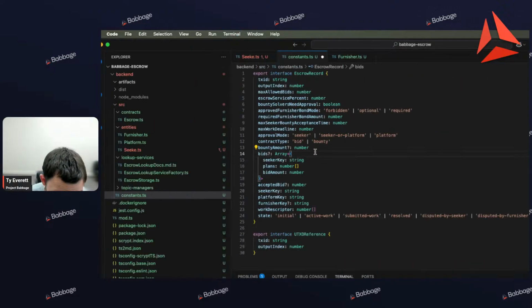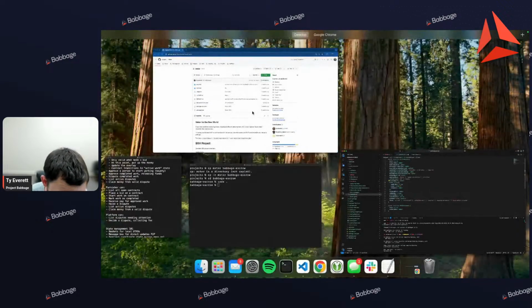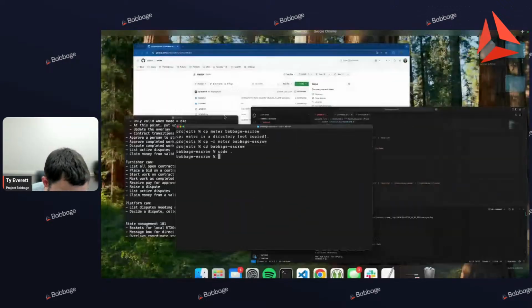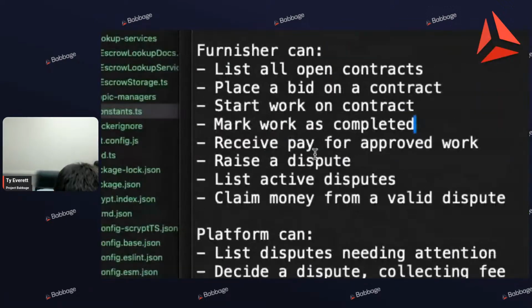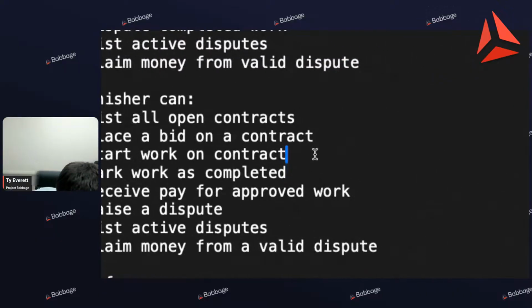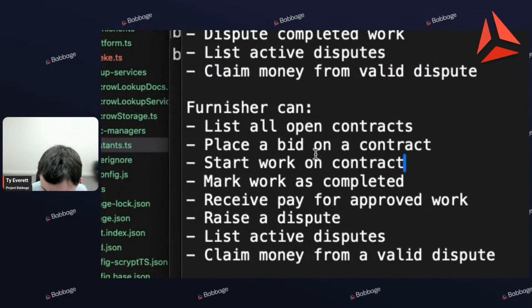So I don't want to take everybody's bonds when they bid. So it needs to be a start work pay bond. Right.